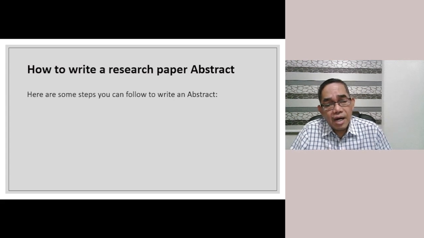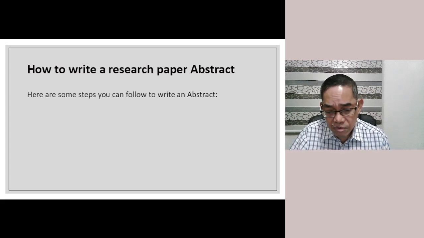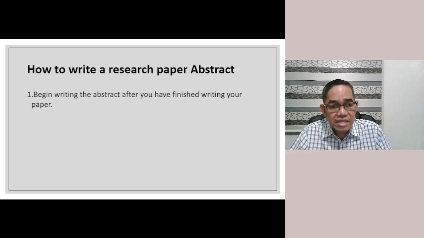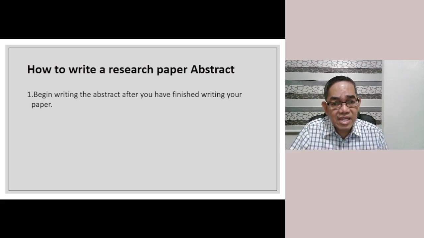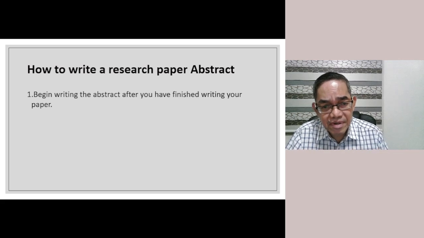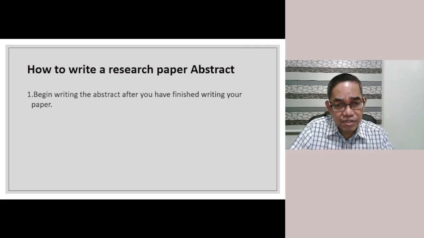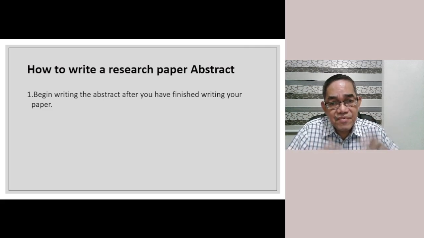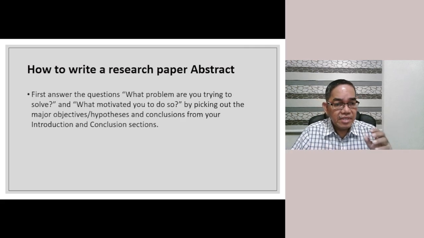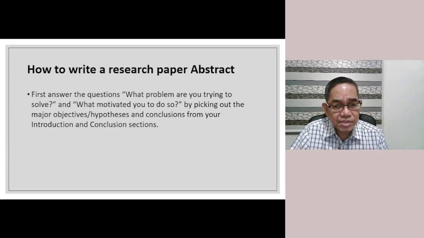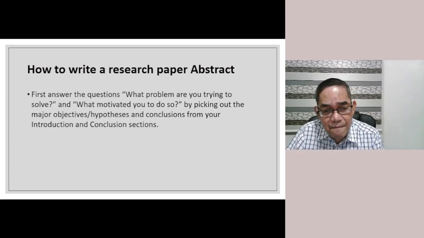Now, some tips that you can follow to write an abstract. First, begin writing the abstract after you have finished writing the whole paper. Well, that should be obvious. You can't make an abstract if you don't have a finished paper yet. And then, first, answer the question, what problem are you trying to solve?